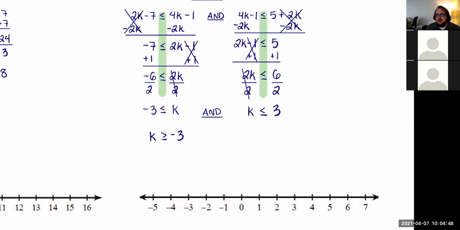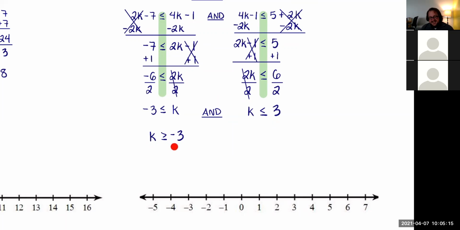Let me bring the number line into picture. So according to my two solutions, my two parts, all my answers are going to have to be both greater than or equal to -3. And that's according to this statement right here. But they also have to be less than, excuse me, greater than or equal to -3. Did I say negative the first time? I don't think I did.